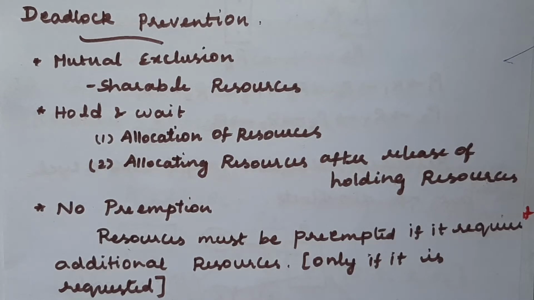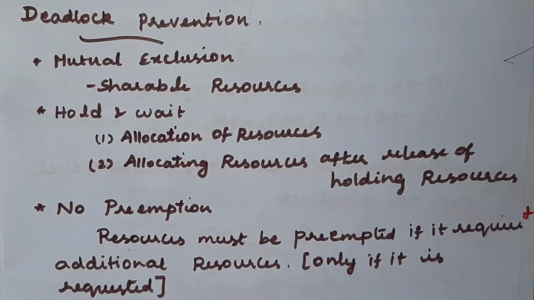But what happens here? We cannot provide the shareable mode for all the resources. At least one of the resources must be in non-shareable mode in the system. It is not possible to keep all the resources in shareable mode.